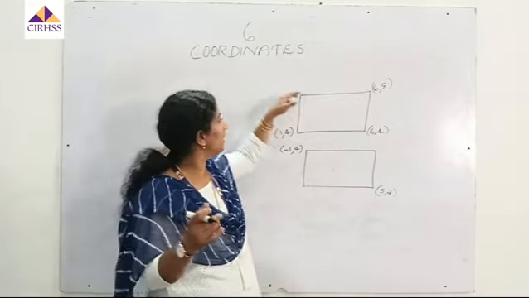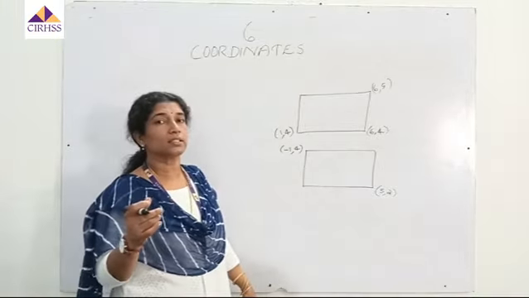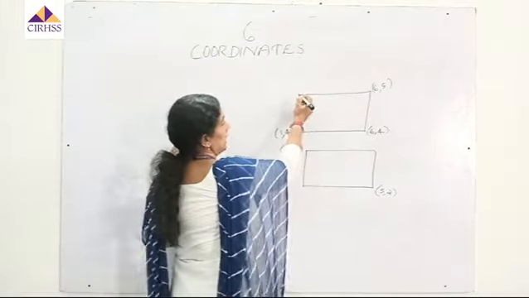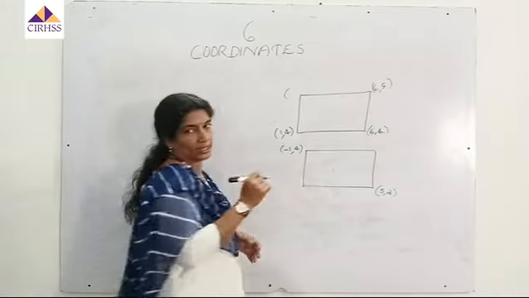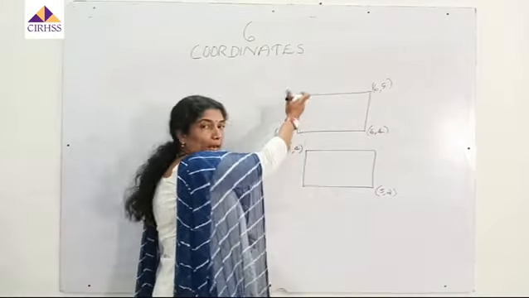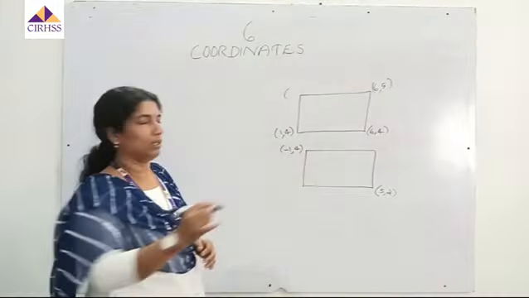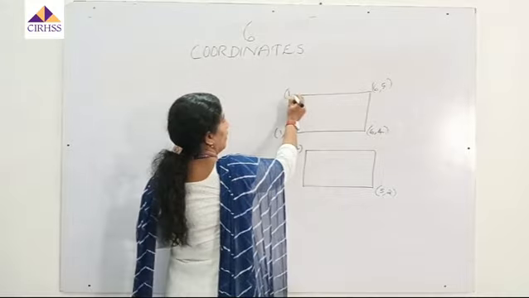Then how to find this coordinate? First, take the x coordinate. This line is parallel to the y-axis, so the x coordinates are equal. Here it is 1.